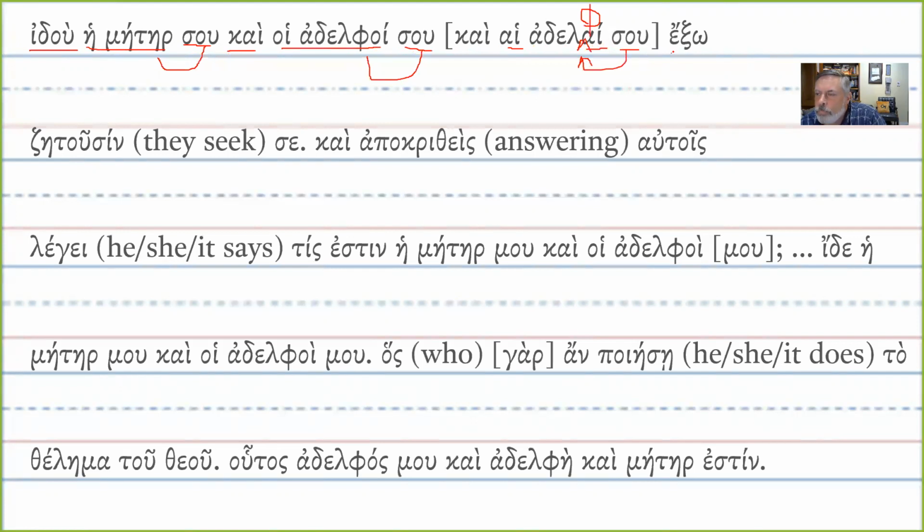And then exo is an adverb that means without, but also functions as a preposition, meaning outside. And so exo, and see, they gave us this, they seek zetusin, third person plural, they seek, and there's my second person accusative, the se, so it's functioning as the direct object. So behold your mother and your brothers and your sister, outside they seek you.